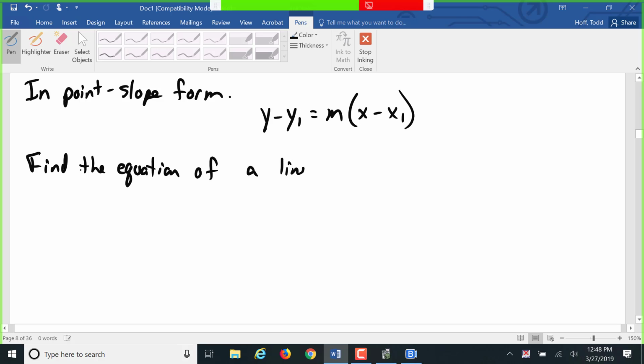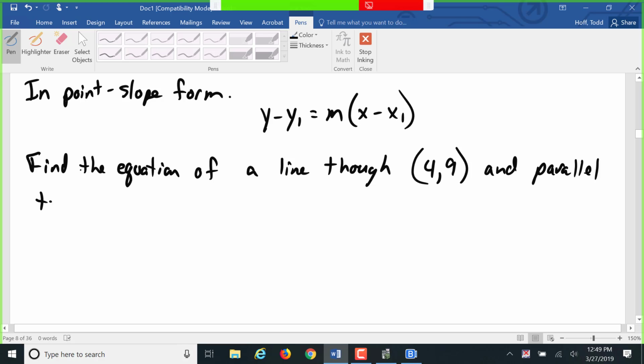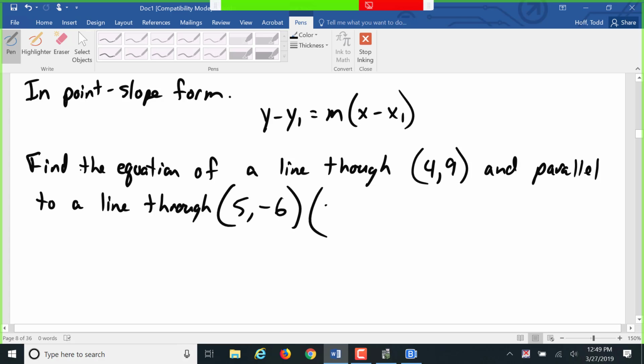Of a line through 4, 9, and parallel to a line through 5, negative 6, and 3, 1.